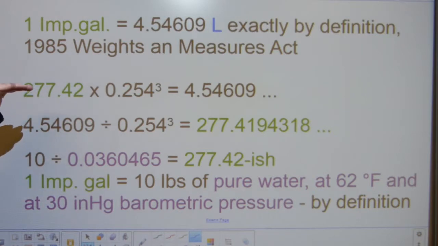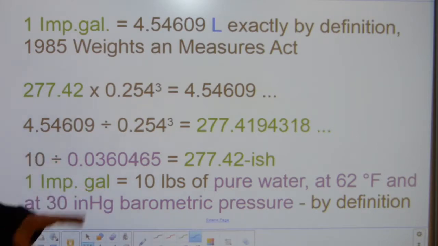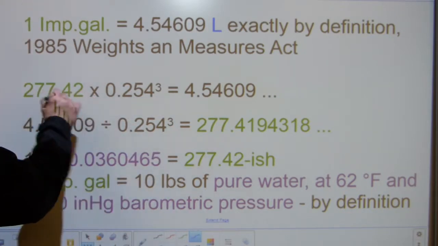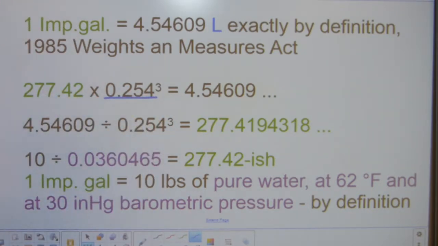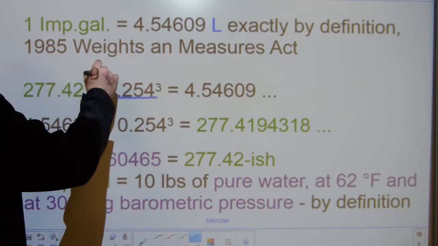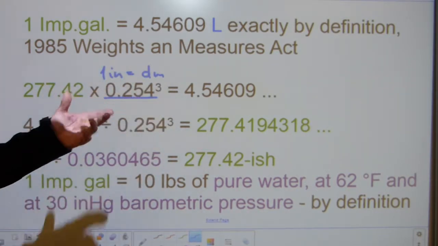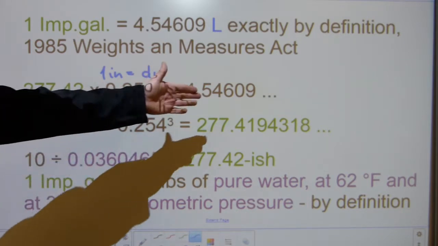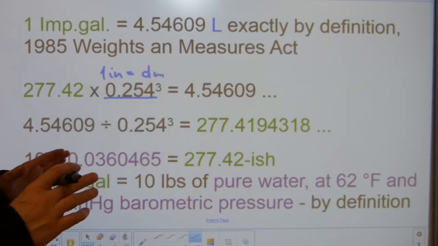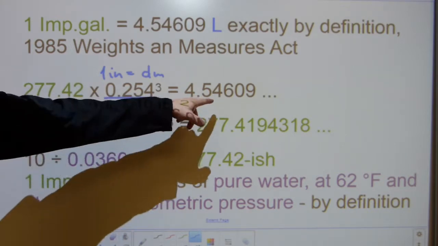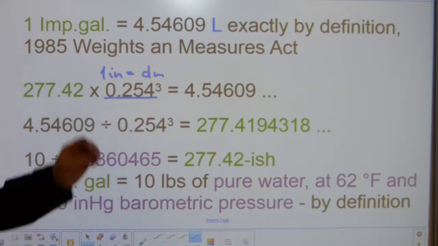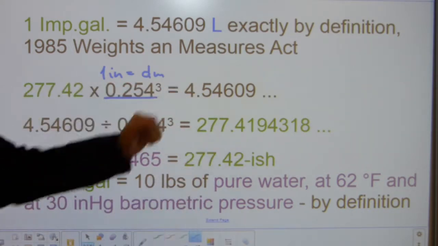The imperial gallon does not have 231 cubic inches, it has 277.42. And I'm going to explain why this weird number, but if you multiply the weird number by this metric number, which is the length of an inch in decimeters, so 1 inch expressed in decimeters, and you cube it, you will get this long number, but you're not going to get exactly 5 decimal places.